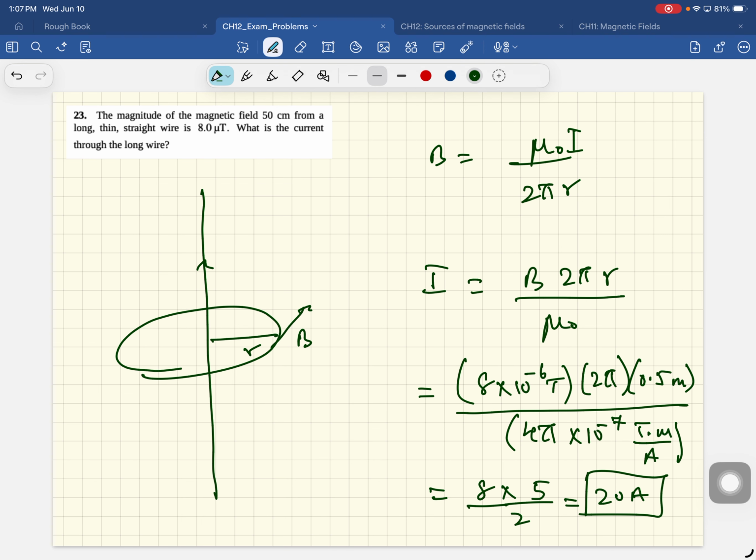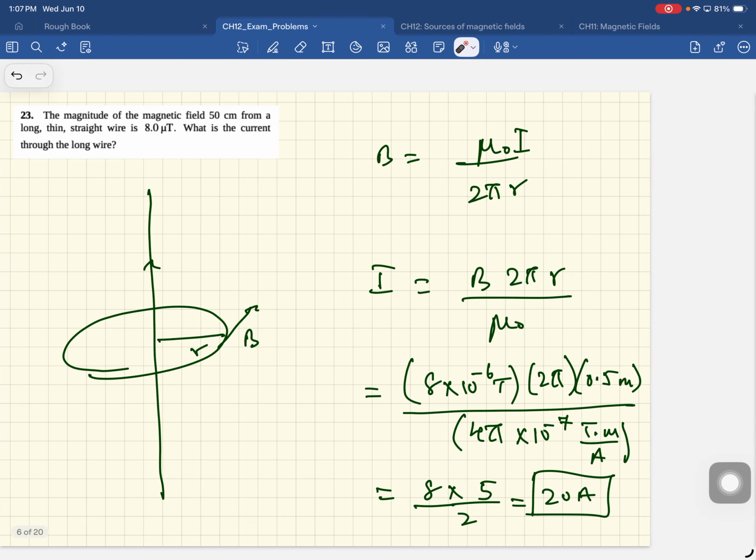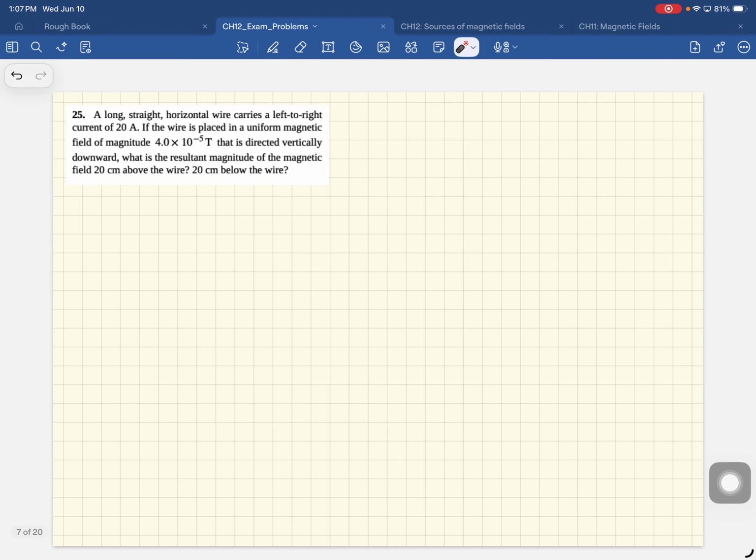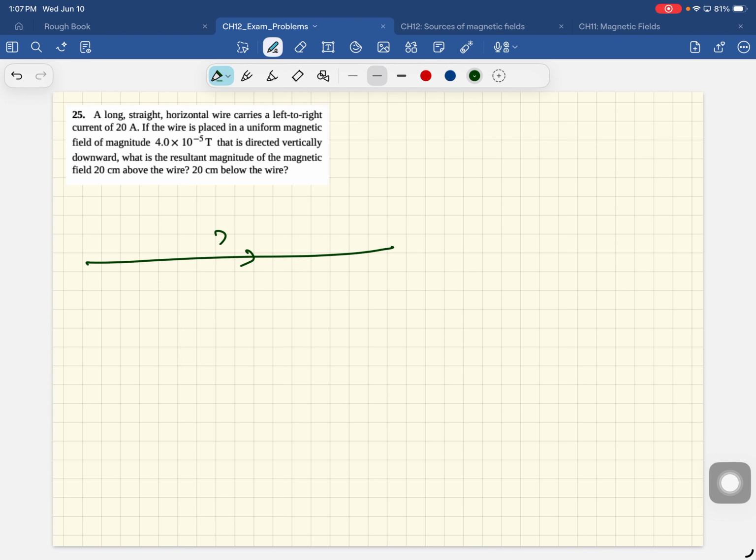So the field produced by the wire is stronger than the Earth's magnetic field. If this wire were pointing north-south, this magnetic field would be pointing east-west. I mean, it would be pointing west if this were pointing north. This is 20 microtesla, this is 4 microtesla.